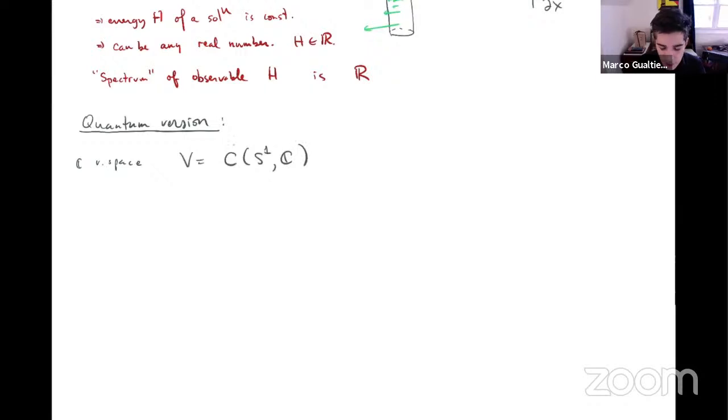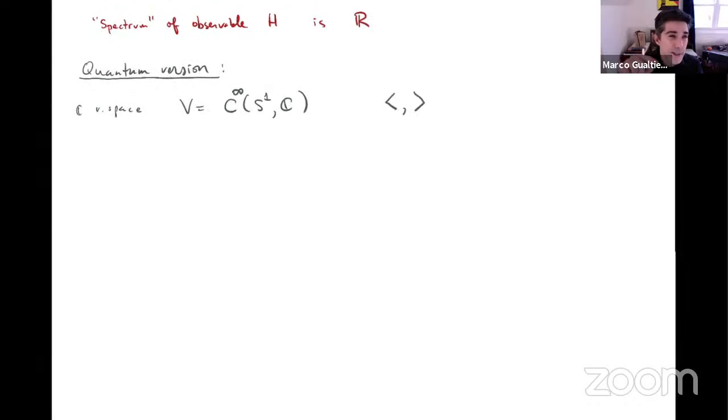For now, let's just use C infinity functions, so smooth functions. What we're about to do is introduce an inner product, and then we're going to complete this vector space using the inner product. It's going to become a Hilbert space, which is called L2. So the completion is called L2 of S1 with complex coefficients.